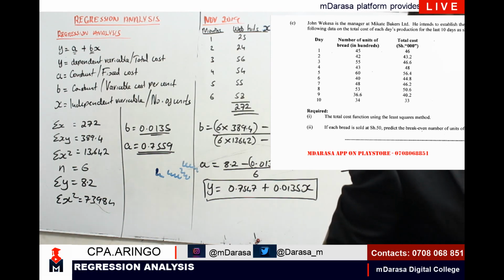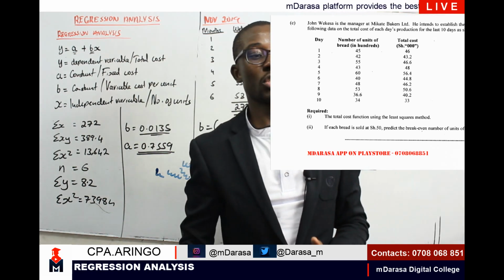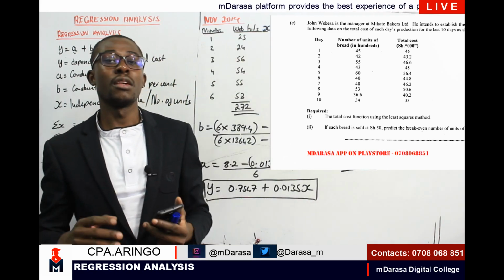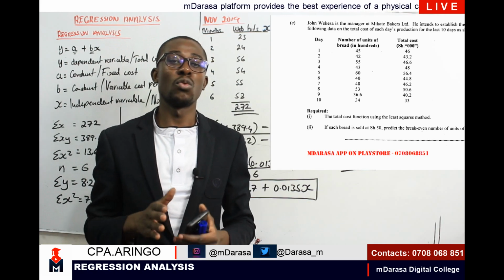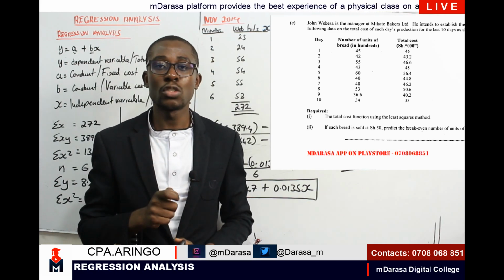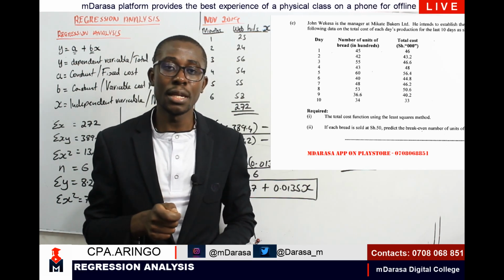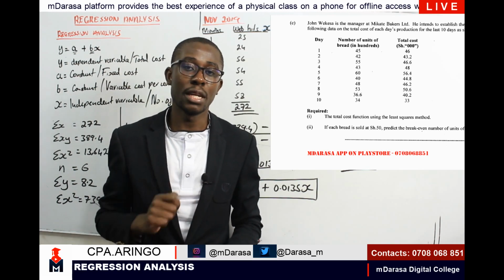The first thing that you must always tend to do, my good student, is for us to be able to identify the values of X and Y. Identify the dependent variables and independent variables.